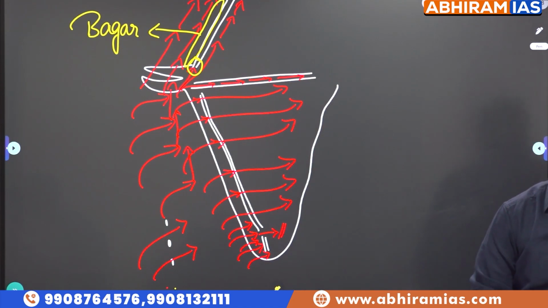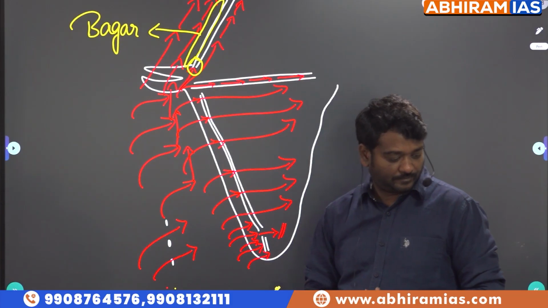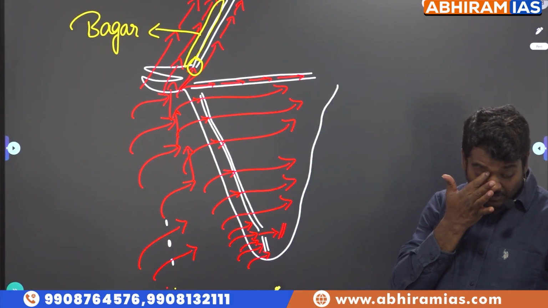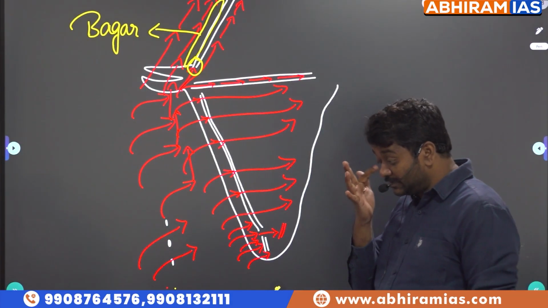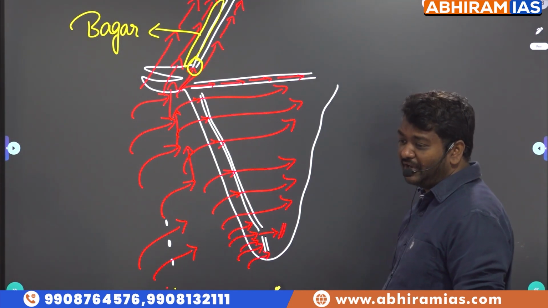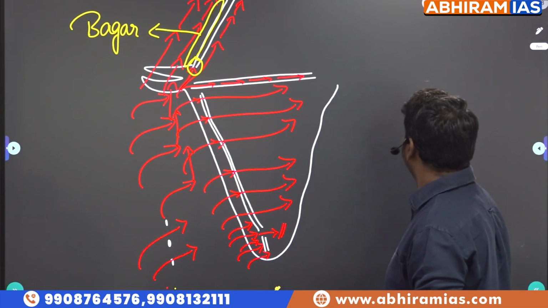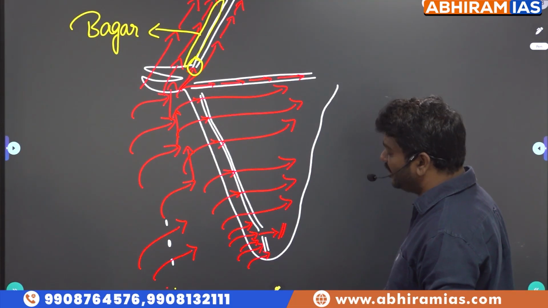By the time monsoon reaches Gujarat, it is parallel to Aravallis, and it doesn't give rainfall in Gujarat and Rajasthan.